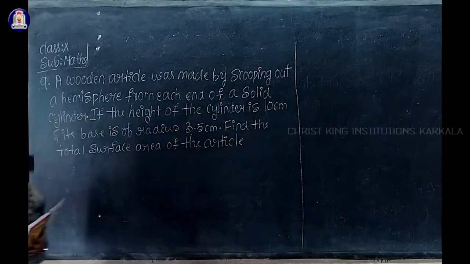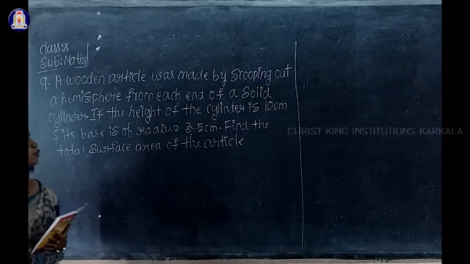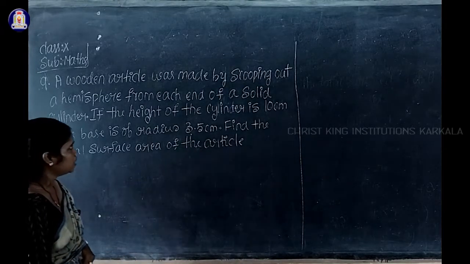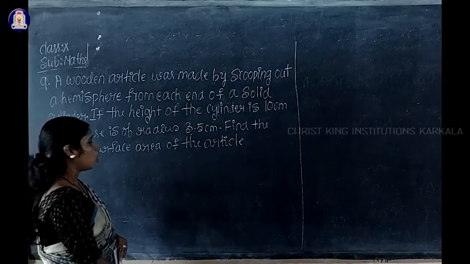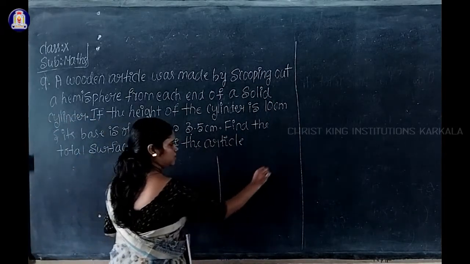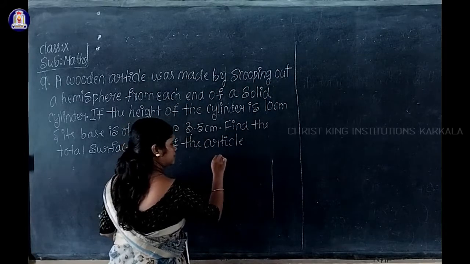Okay, yes. See here, according to this question, a wooden article was made by scooping out a hemisphere from each end of a solid cylinder. So the figure, this is a cylinder.